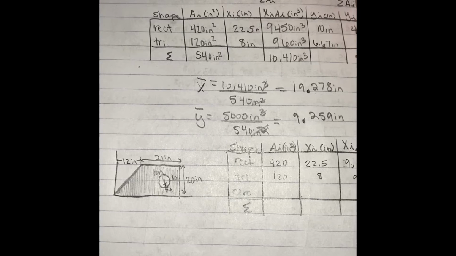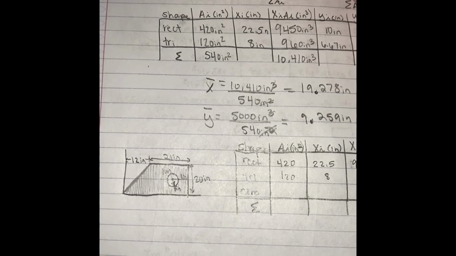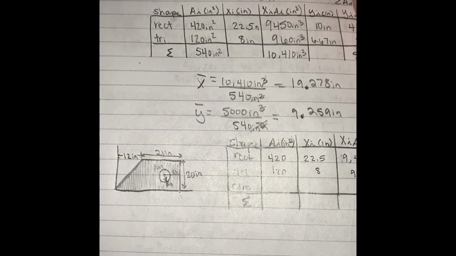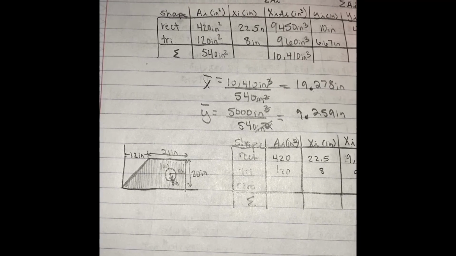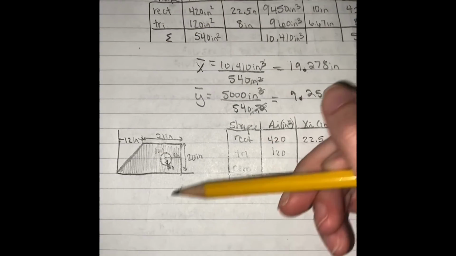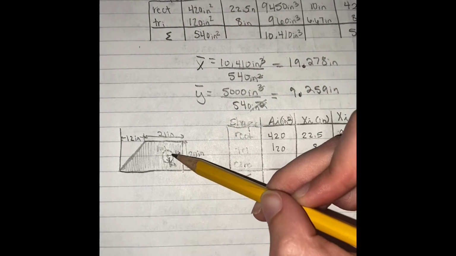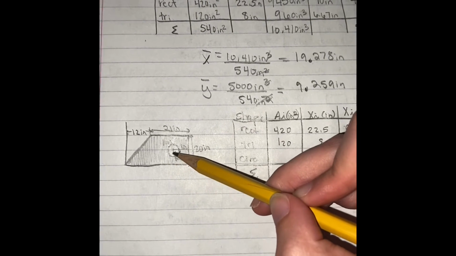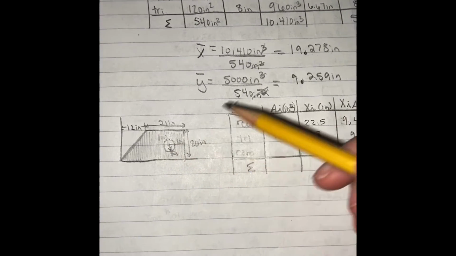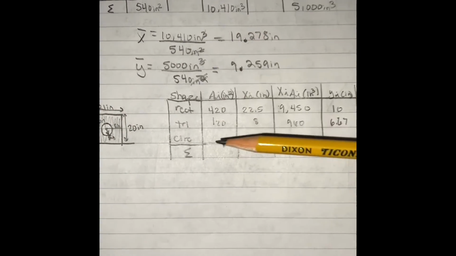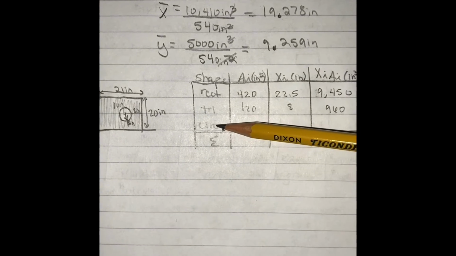As a visual, with the heavier part being at the bottom and less at the top, it makes sense that that's where your centroid would be. So now with the circle to be voided, you'll see how the area shifts with there being an empty space right here. I went ahead and copied over our graph from previously, but as you'll see, I've added a new row for a circle.